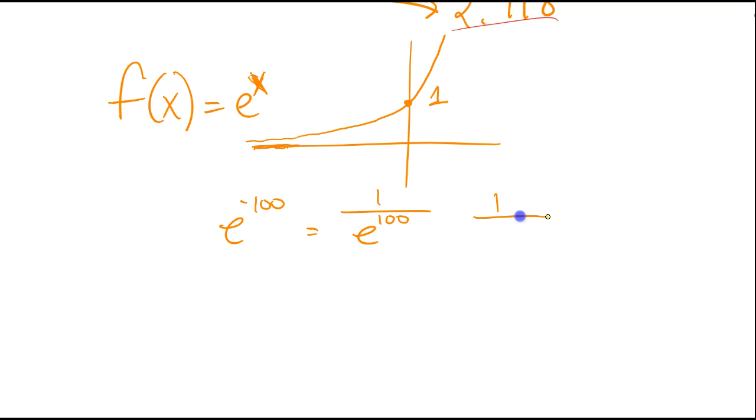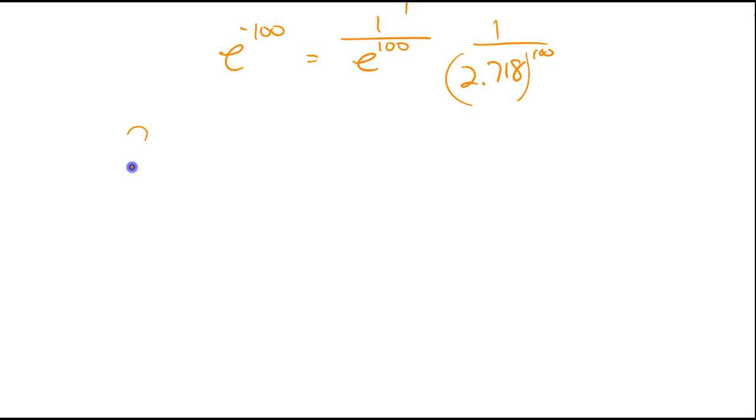So 1 over 2.718 to the 100th power is a very, very tiny number, because we're multiplying this e, this 2.718, times itself 100 times, and then making that a fraction, 1 over that huge number. So as x approaches negative infinity, the limit is 0. As x approaches positive infinity, the value is positive infinity.